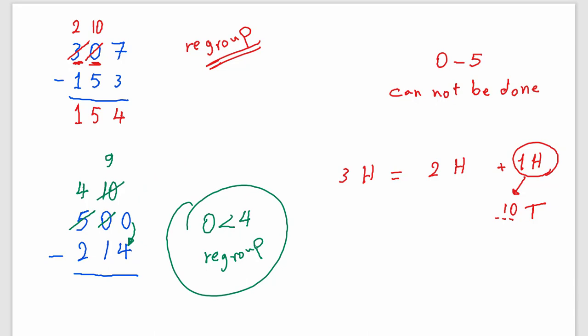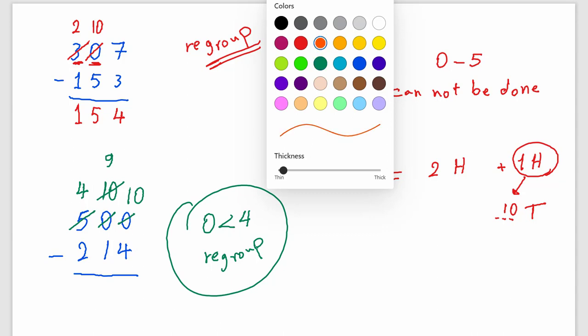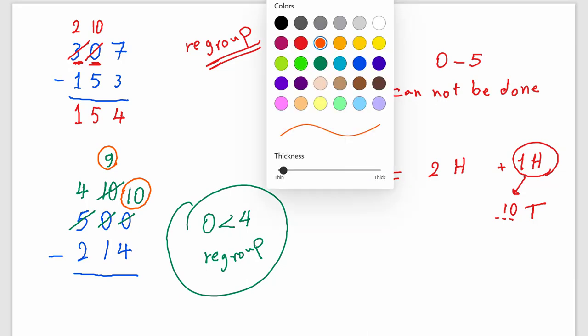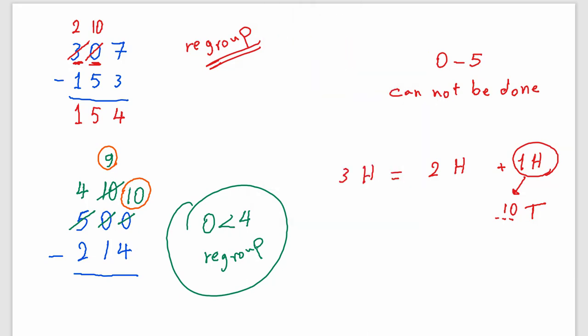So the ones, it will be 10. And now we can subtract. 10 minus 4 equals 6. And 9 minus 1 equals 8. 4 minus 2 equals 2.